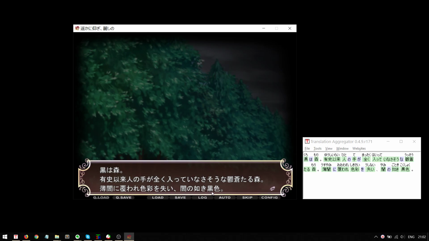Yami no gotoki kokushoku. Kokushoku means black. It's just another word for black. Yami means darkness.